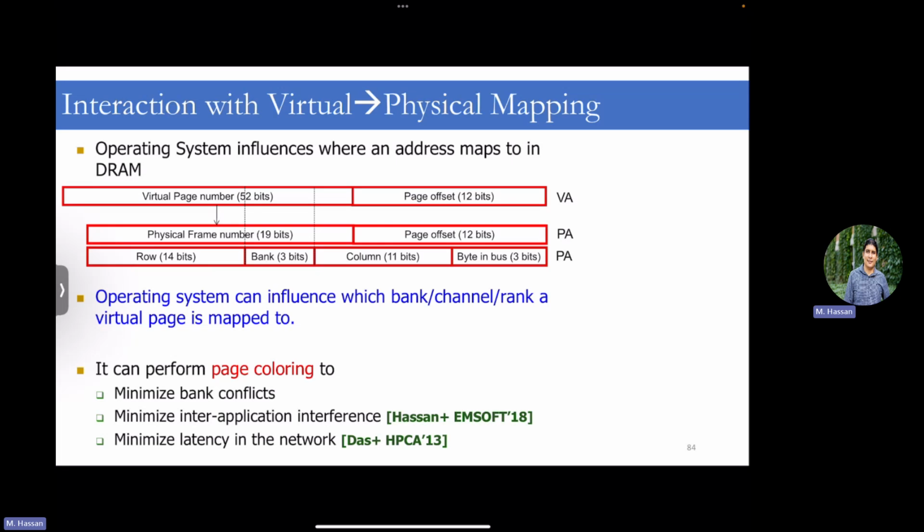Refresh means simply recharge your capacitors every once in a while, such that your data is maintained. This refresh operation just does a very simple read, like a read operation to charge the capacitors back, right? But it must happen periodically because, without accessing a DRAM cell, if you leave it as is for a long time, the data will be lost.